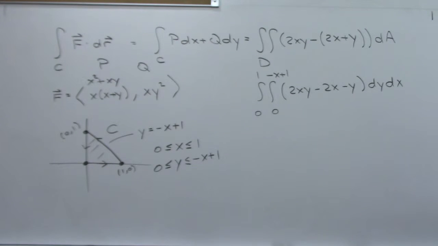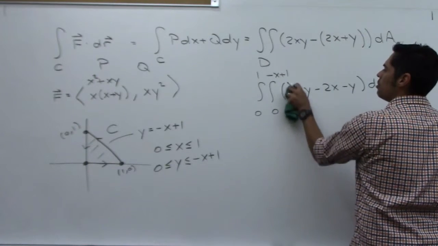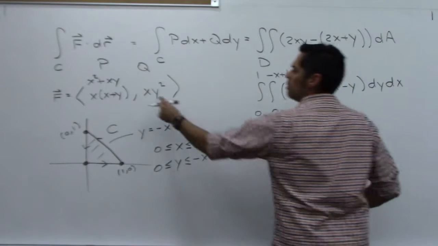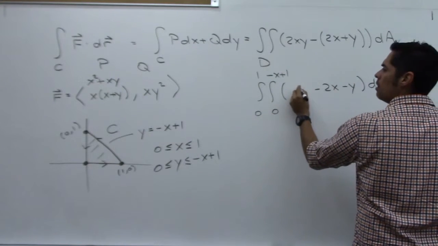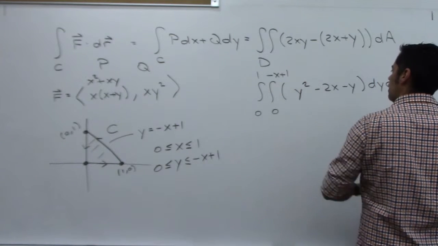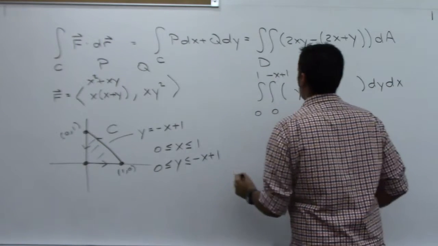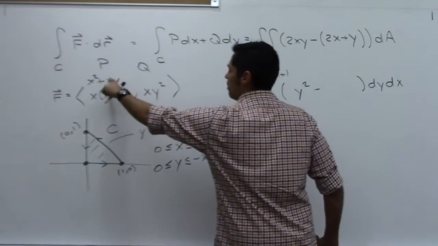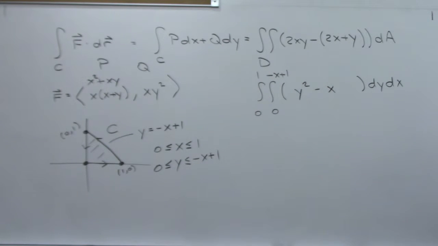Partial of Q with respect to x. Just having one of those days. Okay, partial of Q with respect to x is y squared, minus partial of P with respect to y. I should have written my formula down. Partial of P with respect to y is just going to be x. There we go.